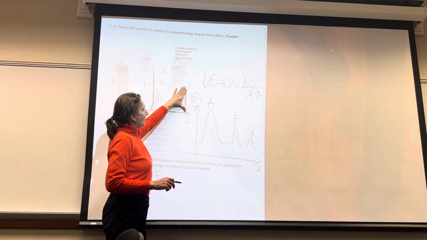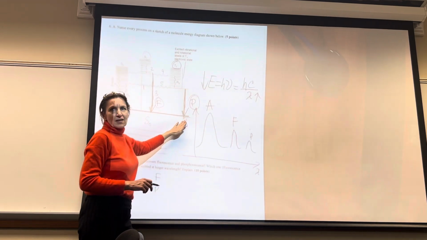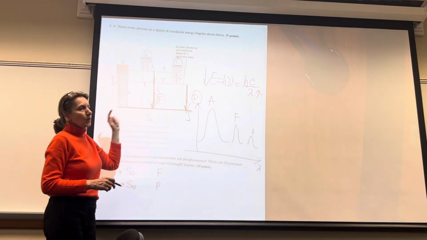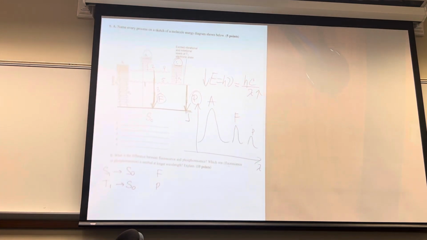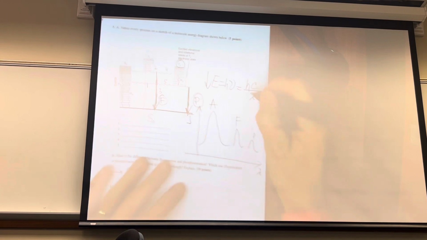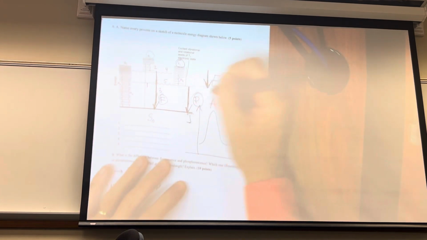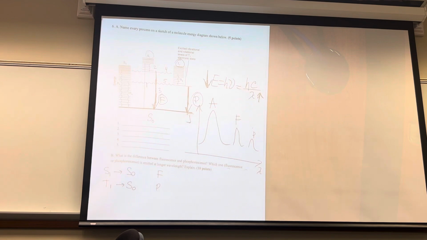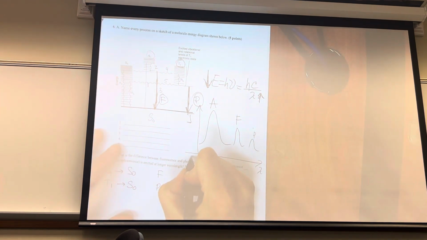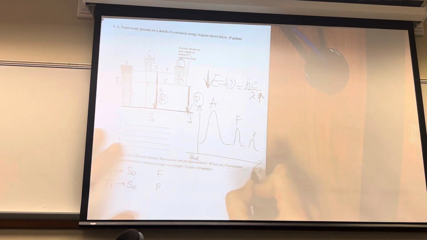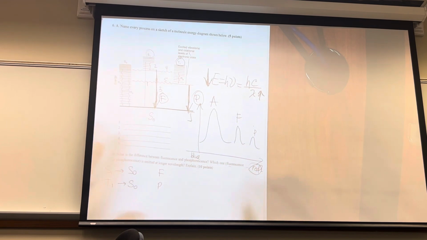And that's why phosphorescence is even less energetic than fluorescence. That's why we go to even longer wavelength. Smaller energy means longer wavelength. And if you think short wavelength is where we have blue light, and longer wavelength is where we have red light. So if you shift to longer and longer, it means red shift. If you move to shorter and shorter wavelength, it means blue shift. Okay, good?